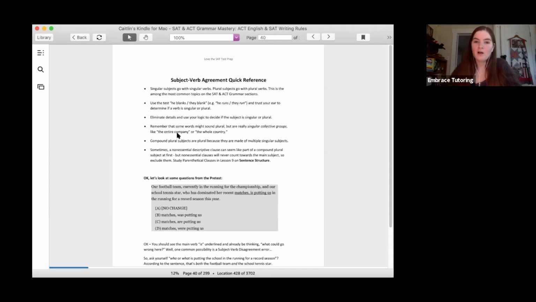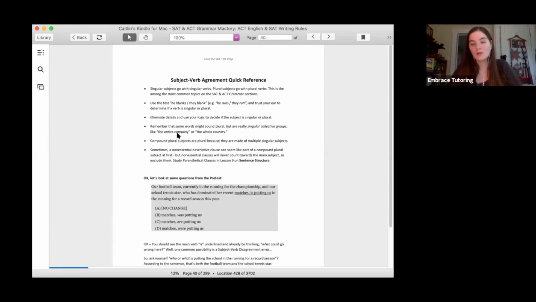You can substitute names or list items, like multiple nouns in a series, with they to refer to that group, and then focus on the verb to figure out whether it needs to be singular or plural.